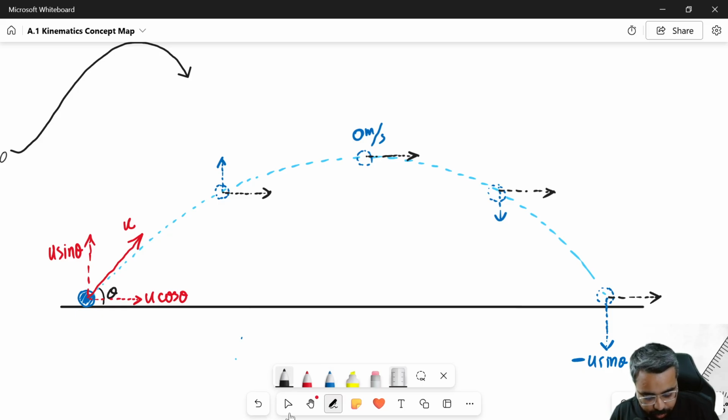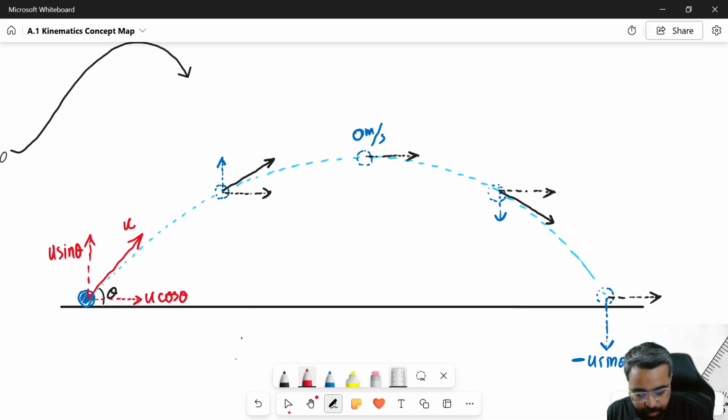And what about, dear students, the instantaneous velocity? Instantaneous velocity will also change. When the ball is going up, instantaneous velocity will decrease, and when the ball is coming down, it will increase. And you can find it with the help of the Pythagoras theorem at any point.